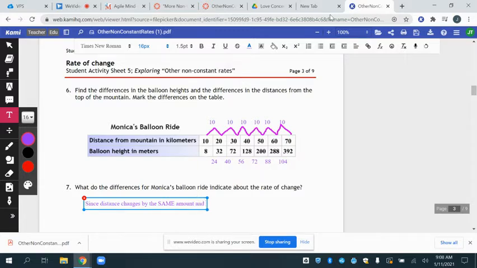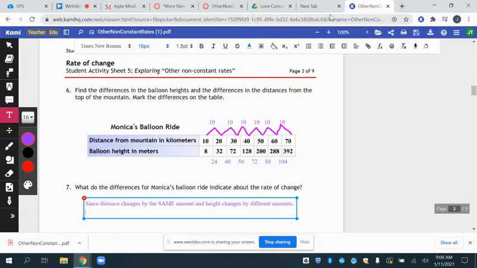and balloon height changes by different amounts, this is not changing at a constant rate.